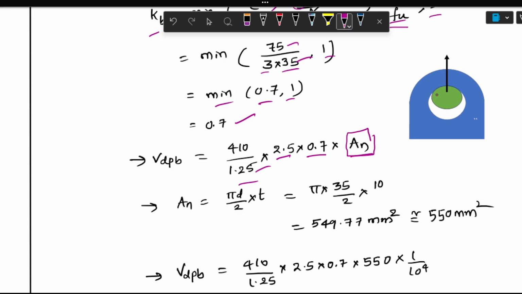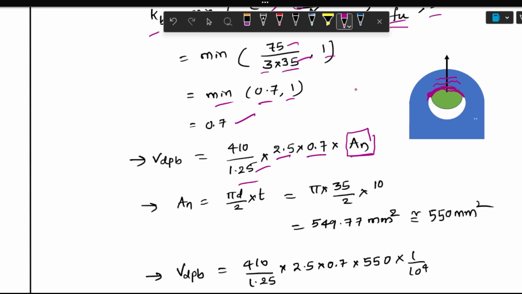So here you can see this pin is touching the lug plate at this location. Whatever fibers of this lug plate are going to bear here, near the higher stress concentration, the net area you have to consider is this plane area.